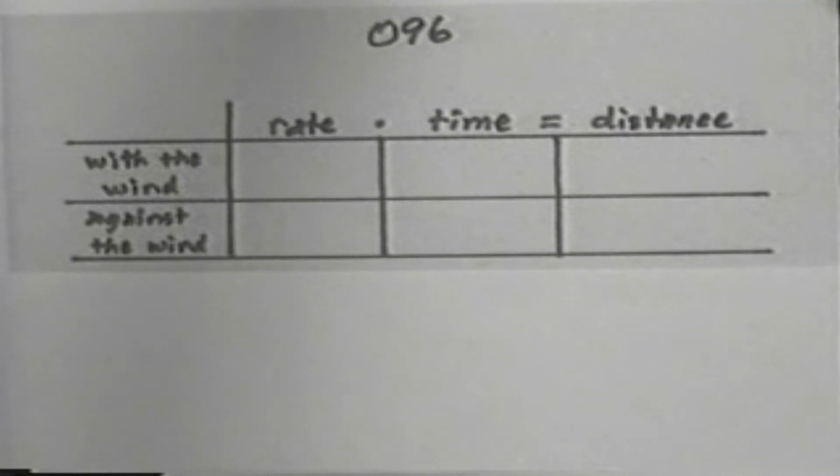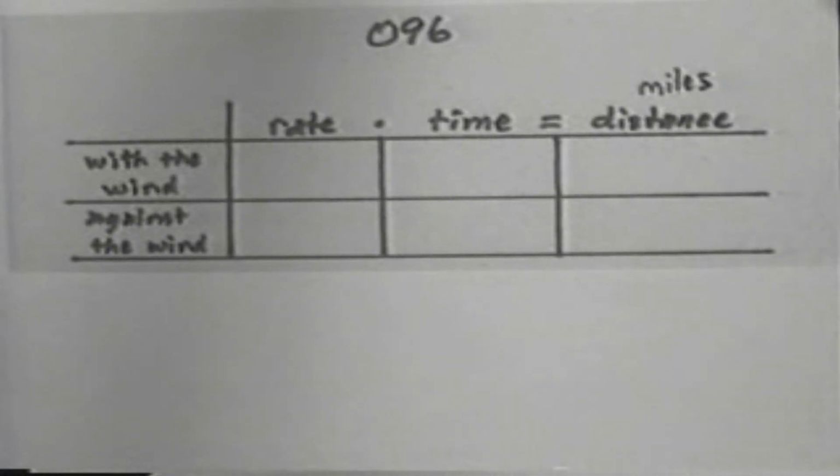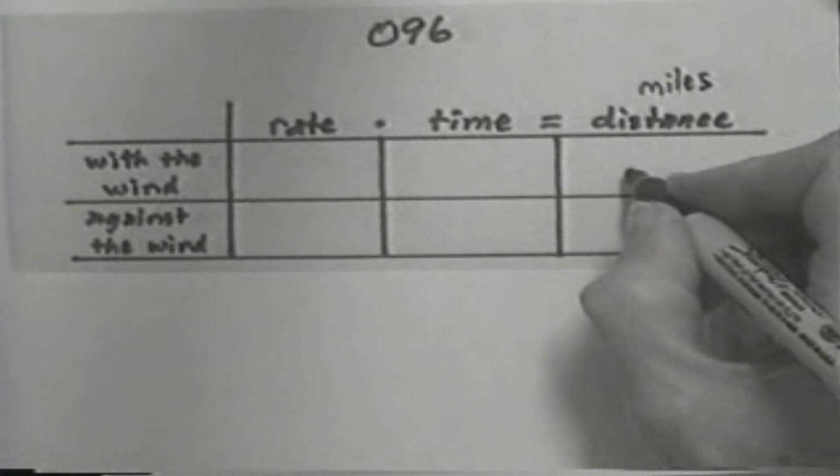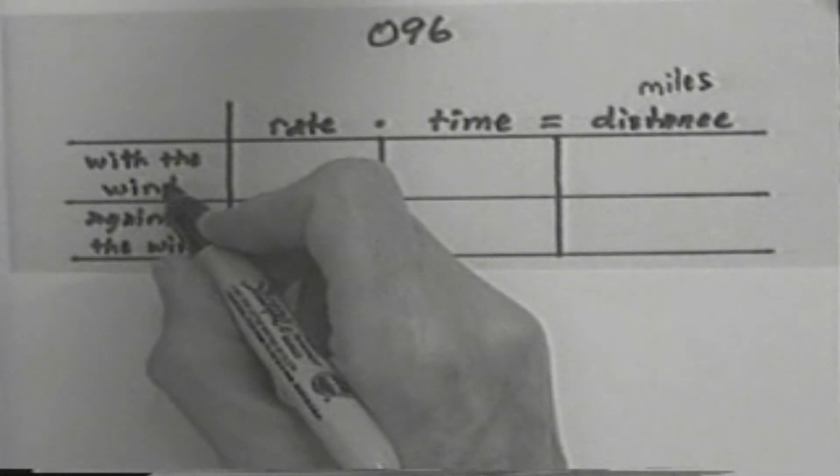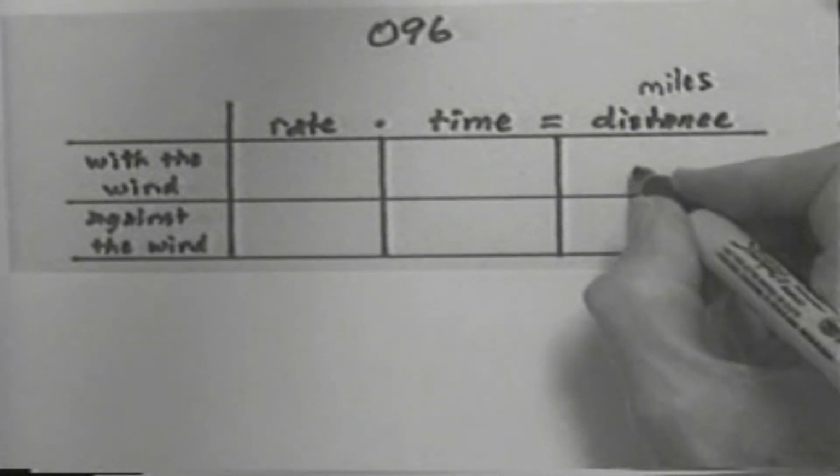Let's go back to our numbers. The first number we are given is 600. It says, flying with the wind, a small plane can fly 600 miles. 600 is miles. The distance is in miles. And we have 600 for with the wind. So I'll put that in the row that says with the wind.